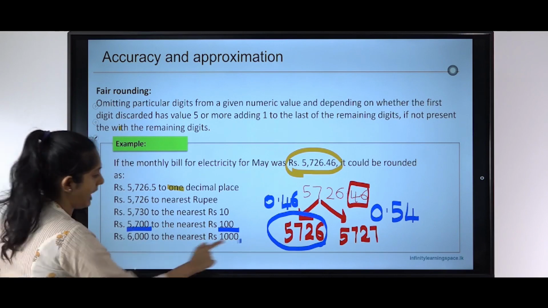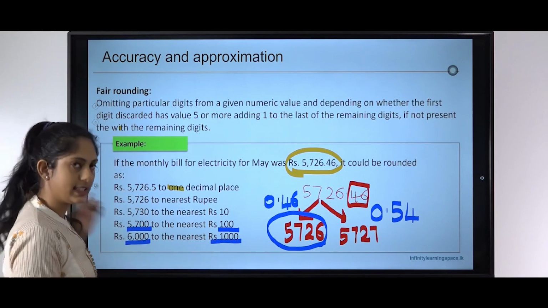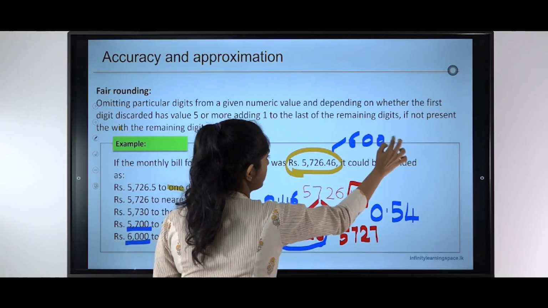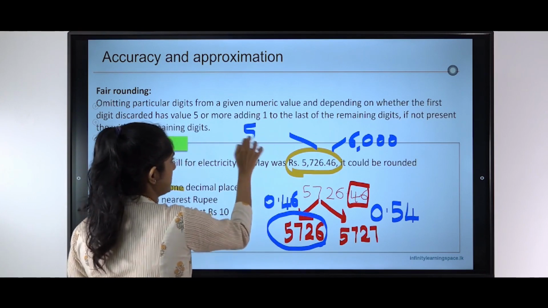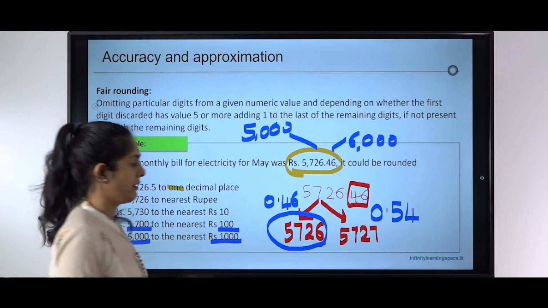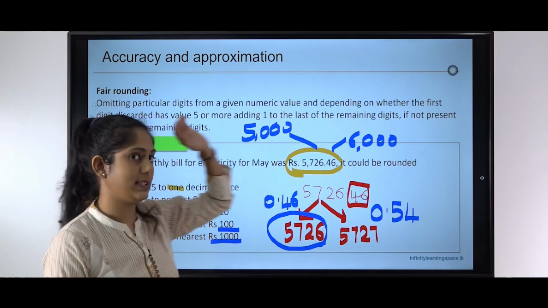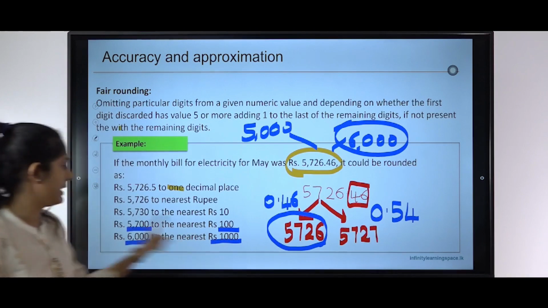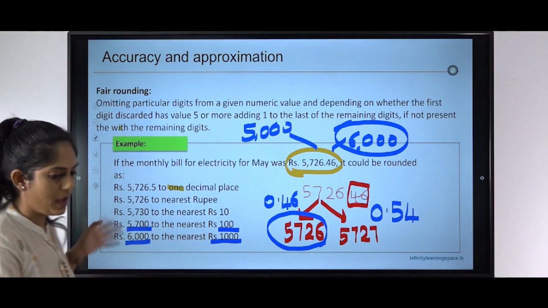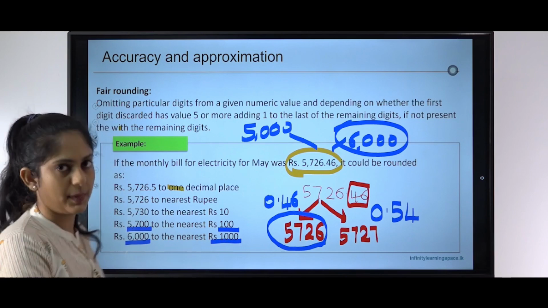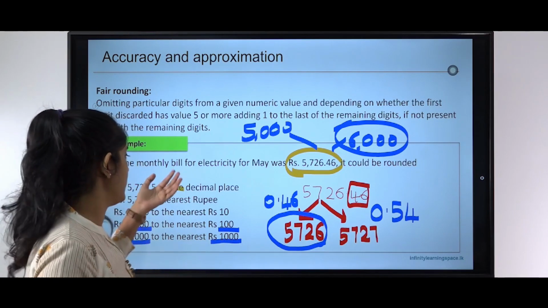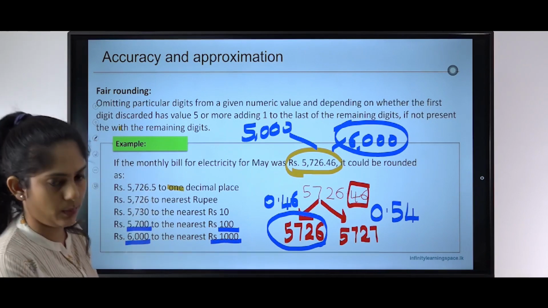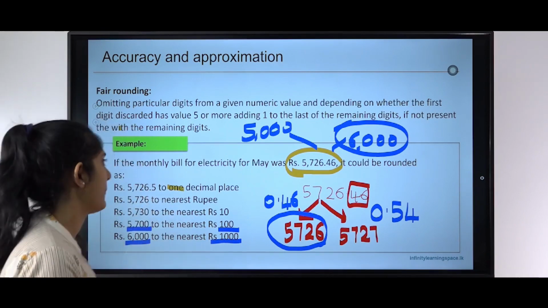In terms of thousands, the closest is 6,000. The options are either 6,000 or 5,000, but you have gone from 5,000 to 5,726, so that's closer to 6,000. So that's why we round it off to 6,000. So these are your possible round offs: 1 decimal, the nearest rupee, 10 rupees, 100 rupees, 1000 rupees, depending on your number.